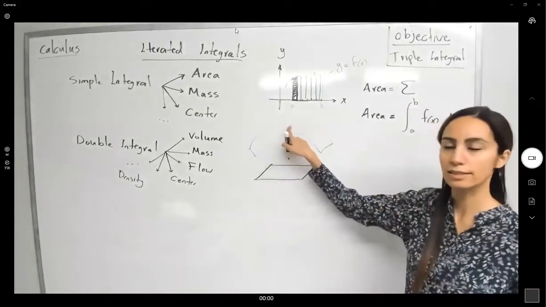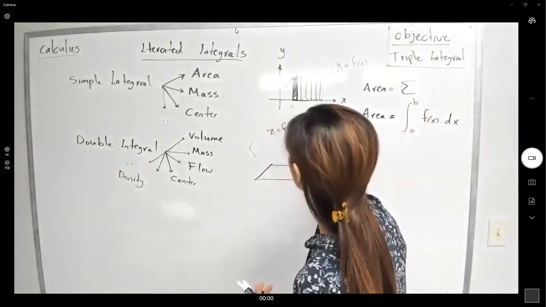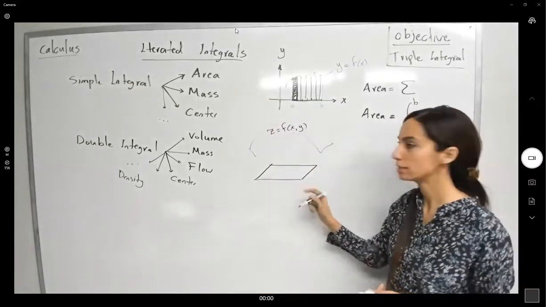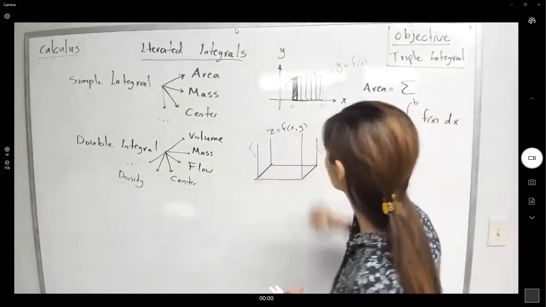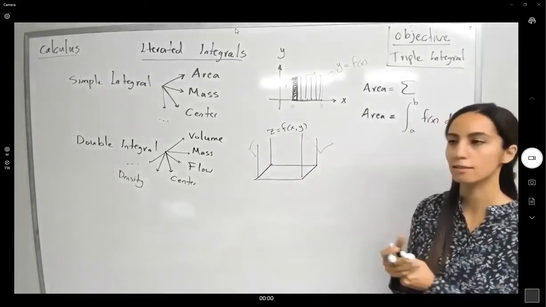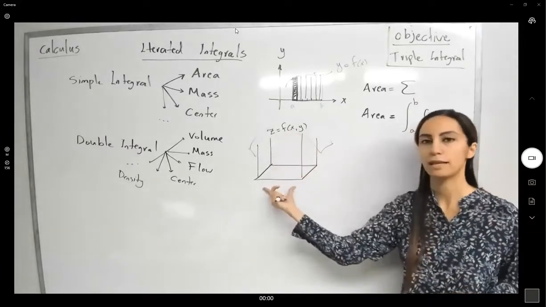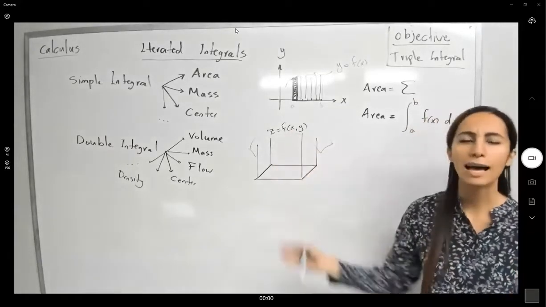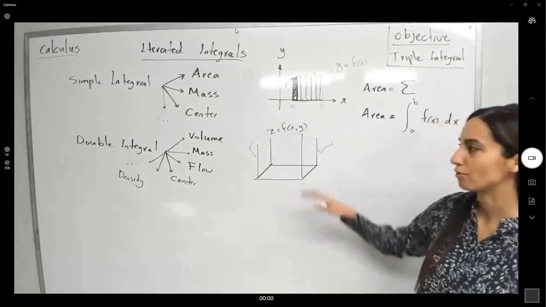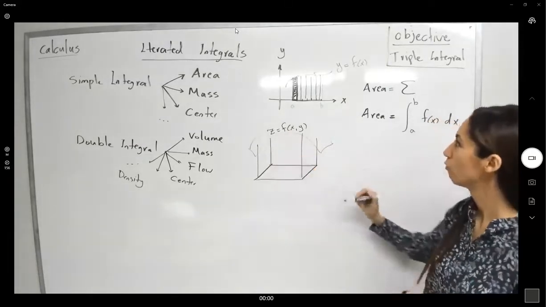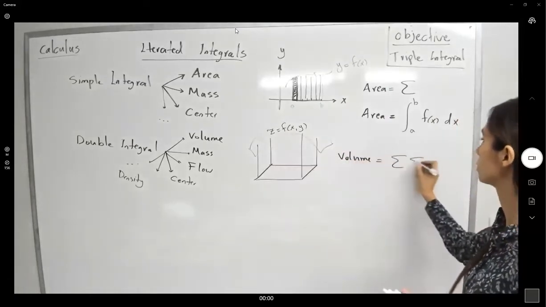Since the surface or the ceiling is z equals f of x and y, and this is the base of the building that you're constructing, everything depends on the base and the height. We need to find the base and multiply that by the height, add them all together to find the total volume of this building. So what do we introduce? The double Riemann sum.